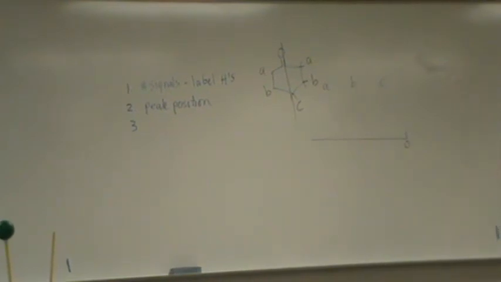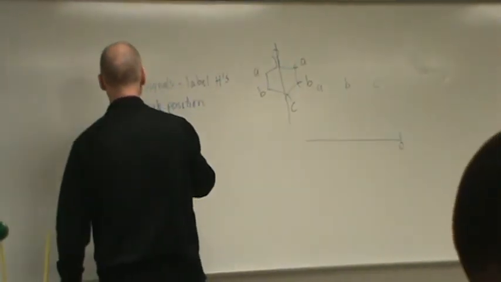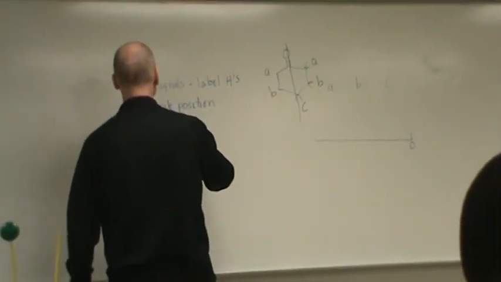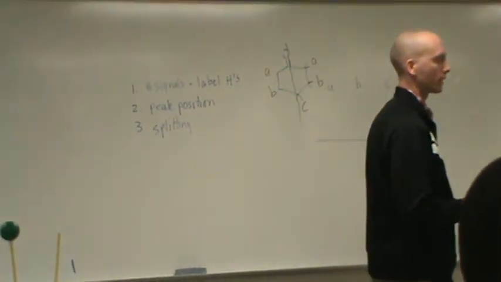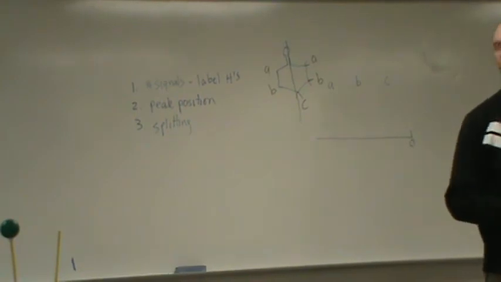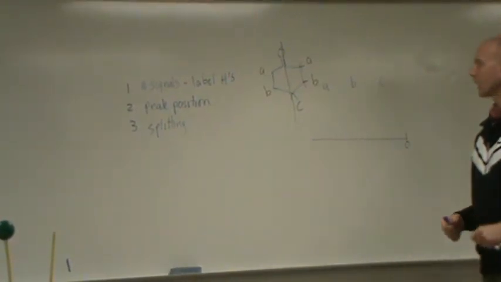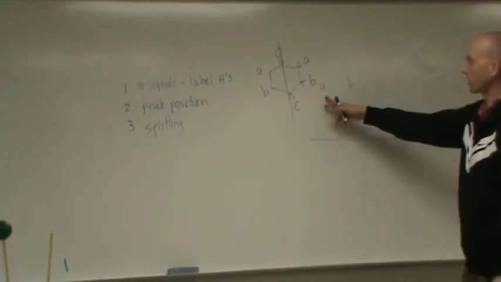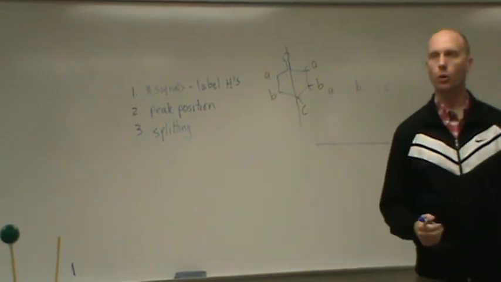What's the third rule we're going to use? Peak splitting. So I got to tell you what the peaks look like. What is A going to look like? You got four choices.